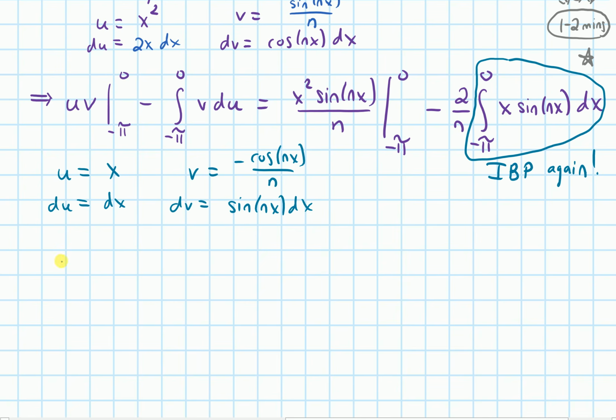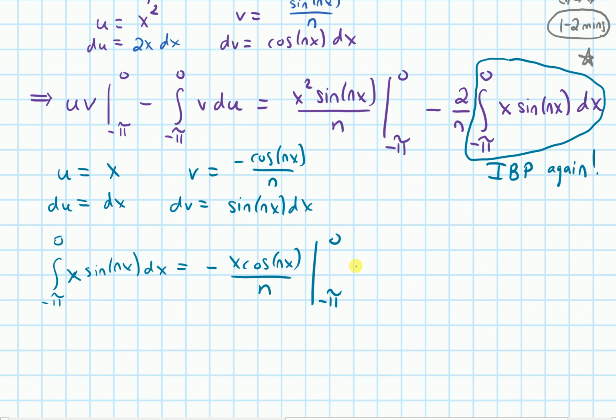So I need to figure out what the integral from negative pi to 0 of x sine nx dx is. So using integration by parts, let's write this x better, x times sine nx. So I'll get uv first. That'll be minus x cosine of nx divided by n, and evaluate this at negative pi and 0.